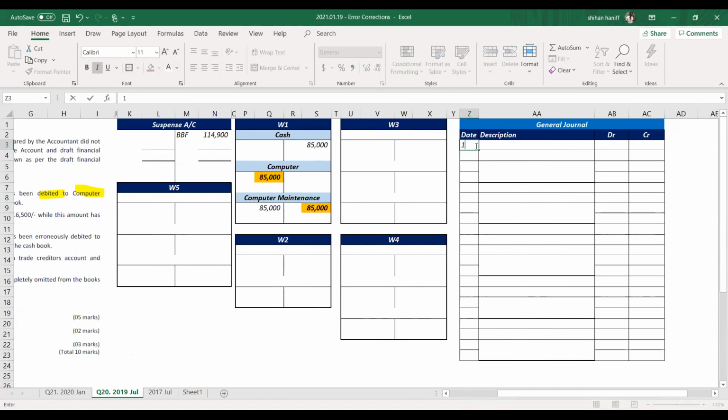General journal number 1, computer account debit 85,000. Computer maintenance account credit 85,000.